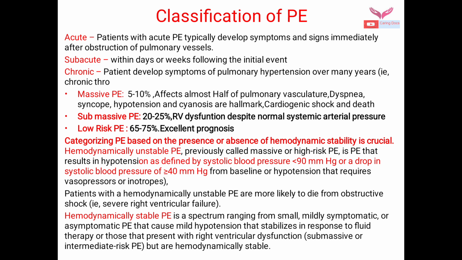Hemodynamically unstable pulmonary embolism, which was previously called massive or high risk pulmonary embolism, results when the patient has hypotension, defined as systolic blood pressure less than 90 mm of mercury, or a drop in systolic blood pressure of more than or equal to 40 mm of mercury from the baseline, or any degree of hypotension that requires vasopressors or inotropes.